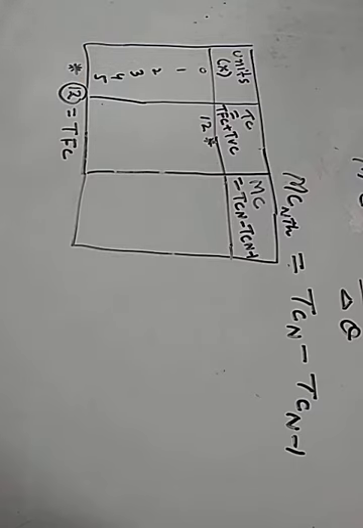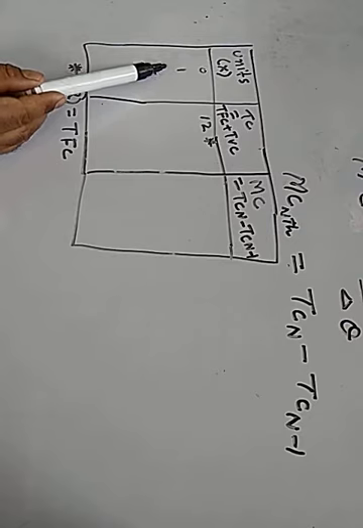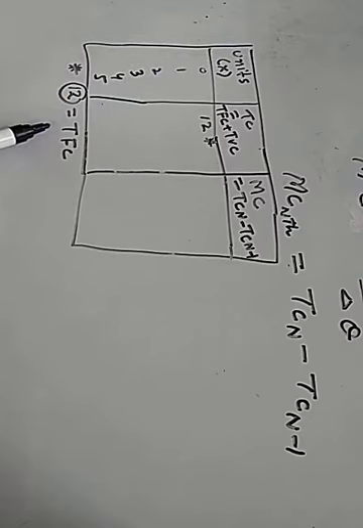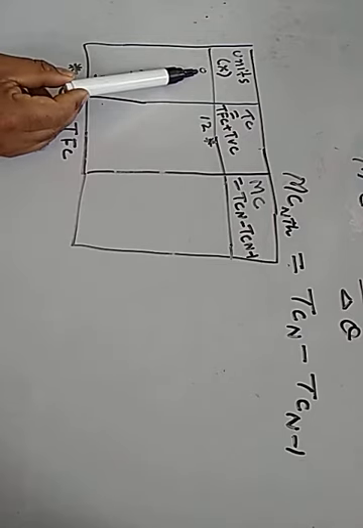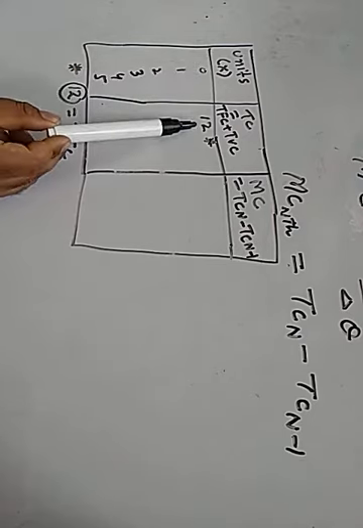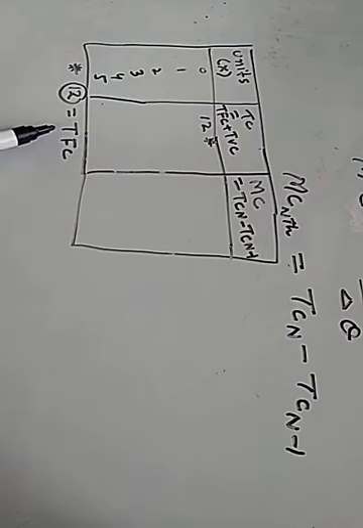A producer needs a building, he needs capital machinery. Therefore, before producing any unit, he has to incur some cost in the form of fixed cost. That is why when no units of X commodity are produced, still there is cost in the form of fixed cost, that is cost of machinery, capital, or cost of building.